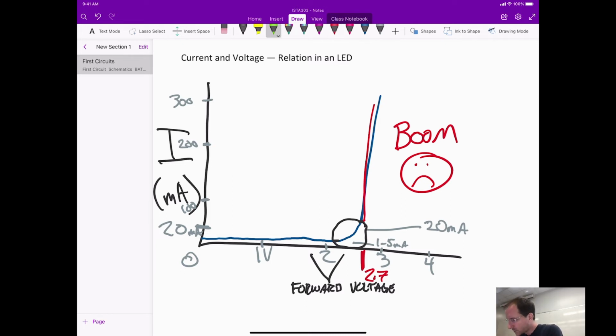Whereas this regime here in this circle is the happy regime, where it's using exactly as much as it needs, the operating characteristics. And then over here, it's not really doing anything because it doesn't quite have enough voltage yet to generate any light.